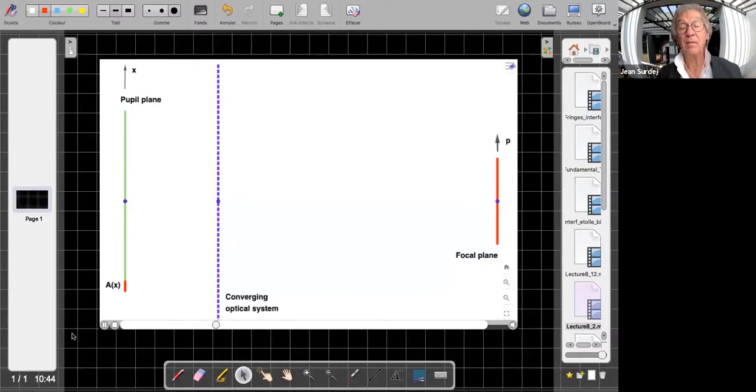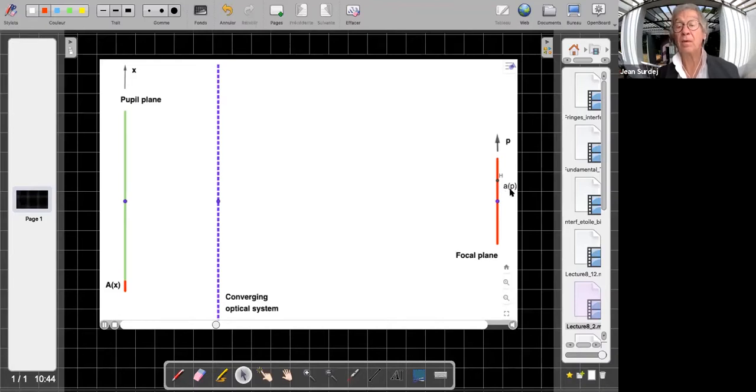Here is a very important point, the point H in the focal plane, where we would like to estimate the complex amplitude.